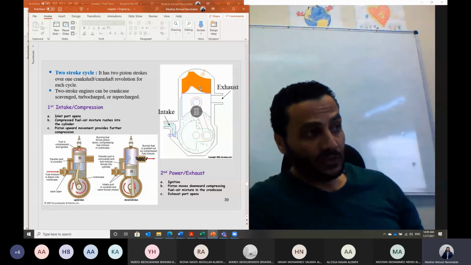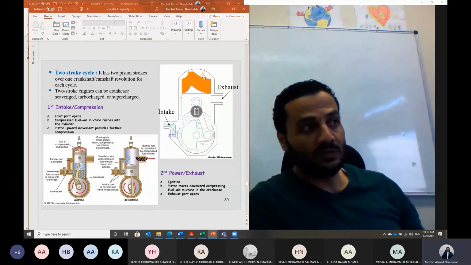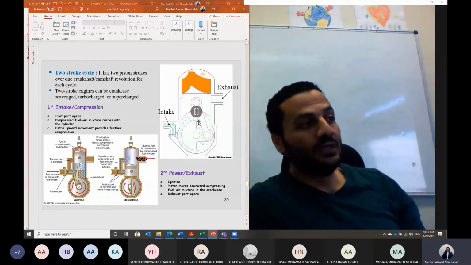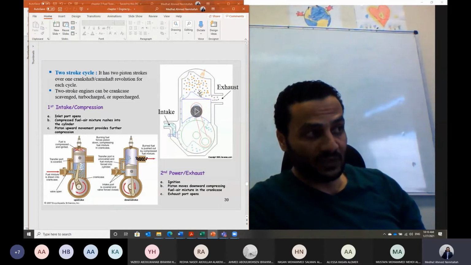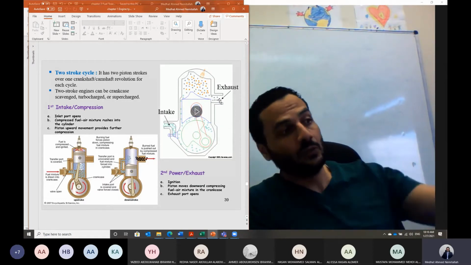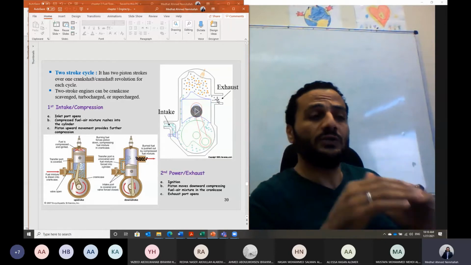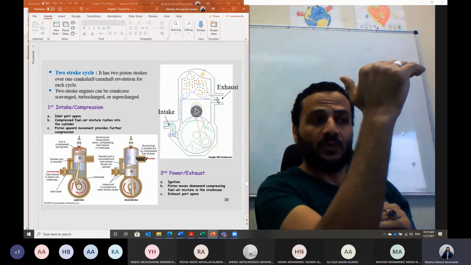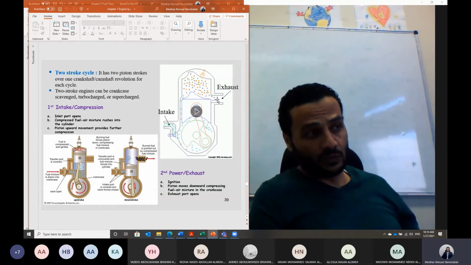And then combustion starts when the piston is at the top dead center, then we have the expansion stroke while the piston is moving down. The piston will also uncover the exhaust port while moving down. So in case of 2-stroke, while the piston is moving up, we have intake plus compression. While it is moving down, we have expansion plus the exhaust stroke.